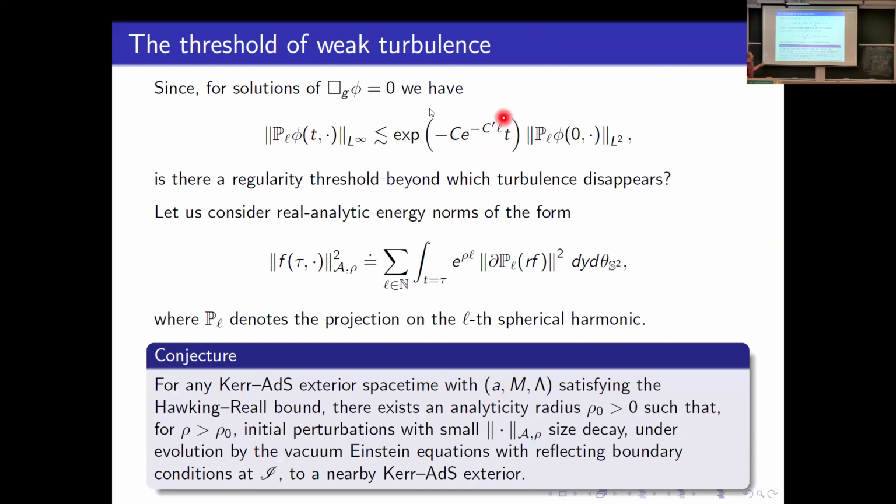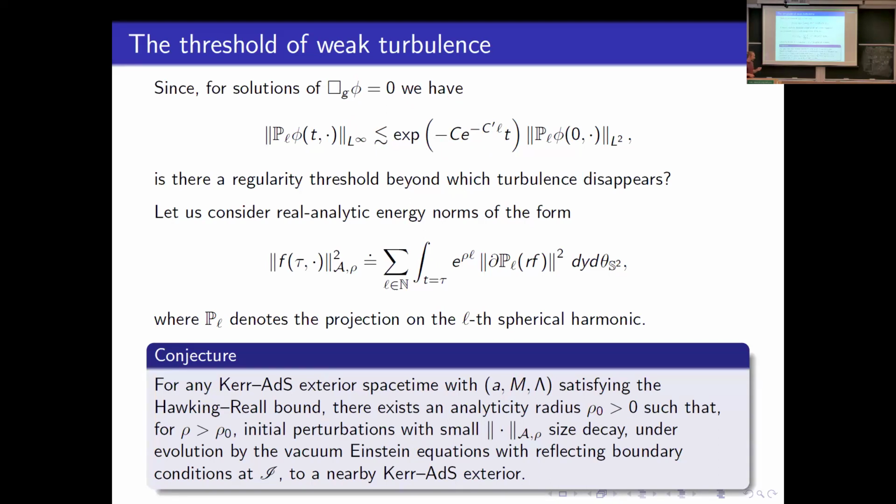So if you look at this expression here, for the linear wave equation, what this says is that if you look at initial data for which higher angular frequencies are exponentially suppressed, so initial data which are small in an analytic norm, then if you sum those modes, the total solution will decay polynomially in time, not just logarithmically. And in fact, if you make your radius of analyticity larger and larger, you can have them decay at an arbitrary polynomial decay rate.